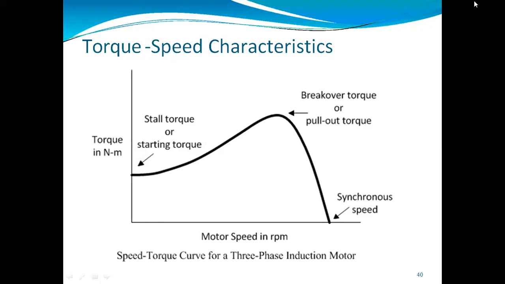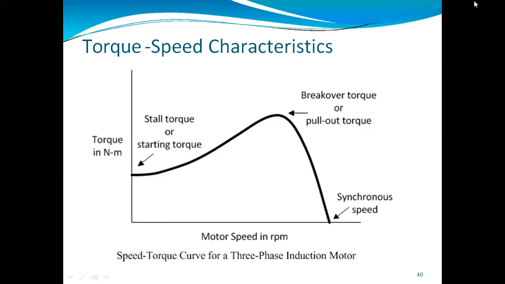Then we saw the torque slip characteristics. We can calculate slip if we have the rotor speed, which we take as capital N, and the synchronous speed, which we denote by capital N suffix S. And how can we calculate the synchronous speed?